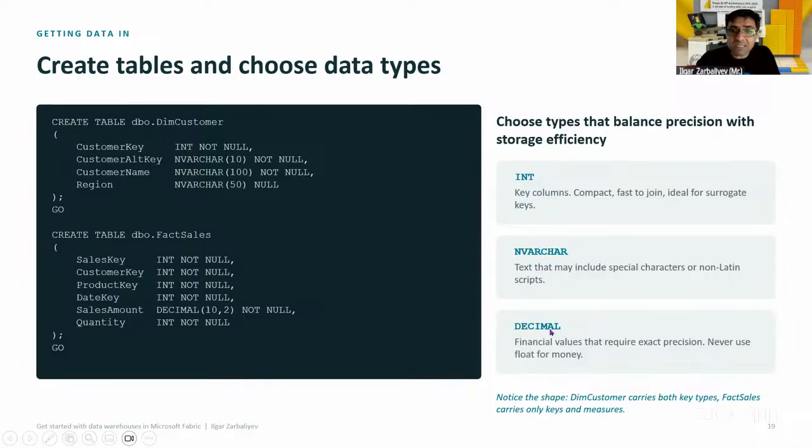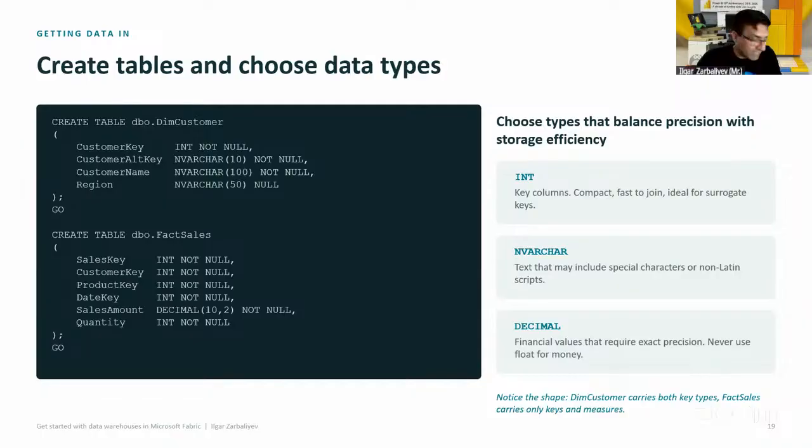Decimal. Use decimal for financial values that require precision. And please never use float for money. Floating point arithmetic will give you totals that are off by fractions of a currency unit. And you will spend an afternoon explaining to finance why the report and the ledger disagree by 3 cents.